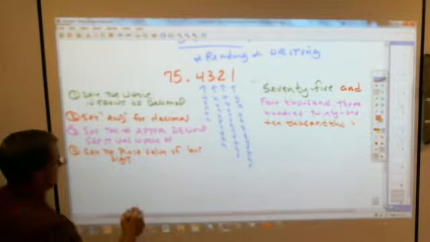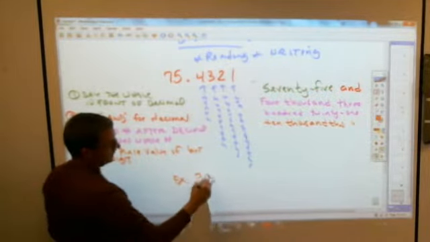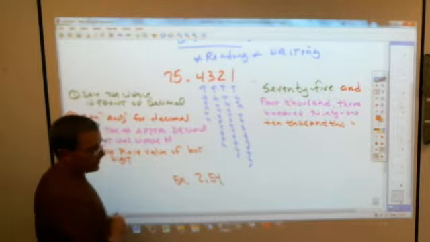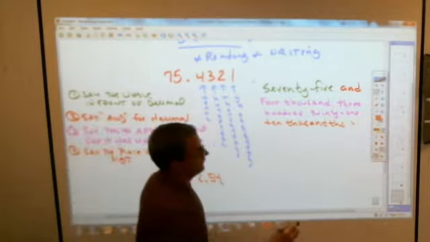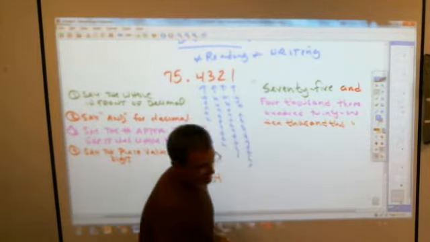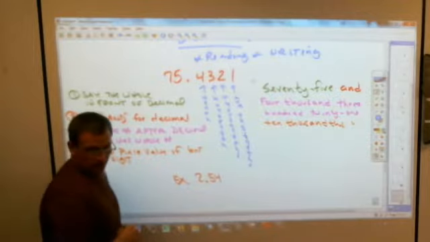So here's another example. 2.54. How do I write and say that? It's a pretty simple process if you follow the simple rules. 2.54 is... just diligently write it.